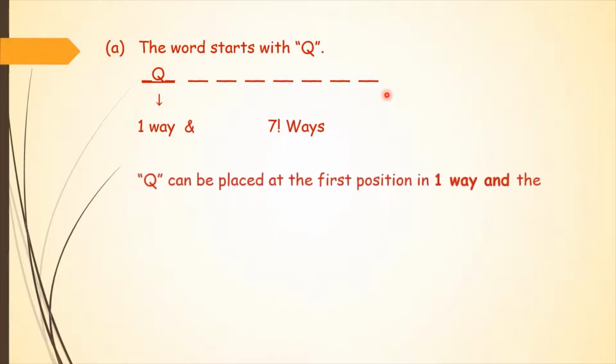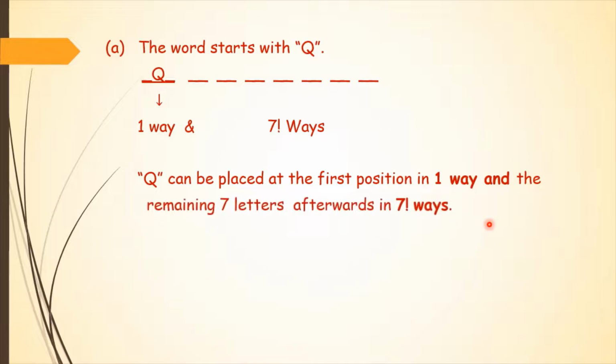So, we will write these things. Q can be placed at the first position in one way and the remaining 7 letters afterwards in 7 factorial ways. So in between these two sentences there is the word and.